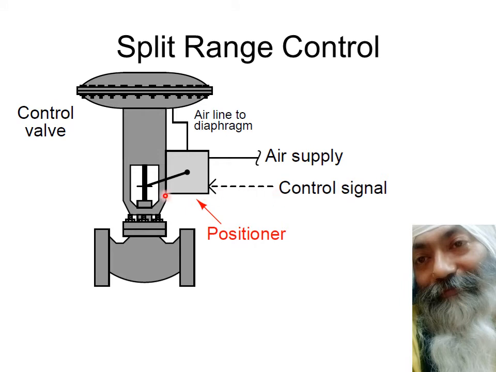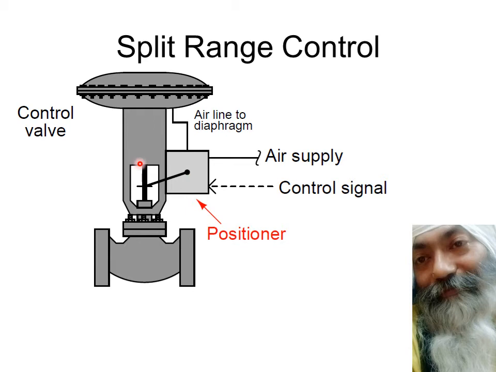This portion, this box, as you can see from here, has a feedback link of the position of the valve. So it will not only simply translate the pressure from 3 to 9 to 3 to 15, but it will also ensure that till the required position is achieved, it can increase the pressure or decrease the pressure, because it requires a feedback.